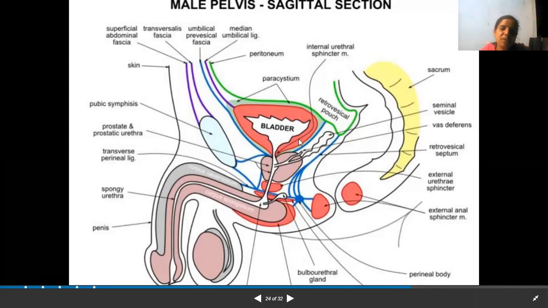This surface which is behind, you call it as posterior surface, also called as base. And this area is neck of the urinary bladder. At the neck of the urinary bladder in males, we have a gland called as prostate gland. This point where this violet line is shown, that is actually apex of the urinary bladder, apex.